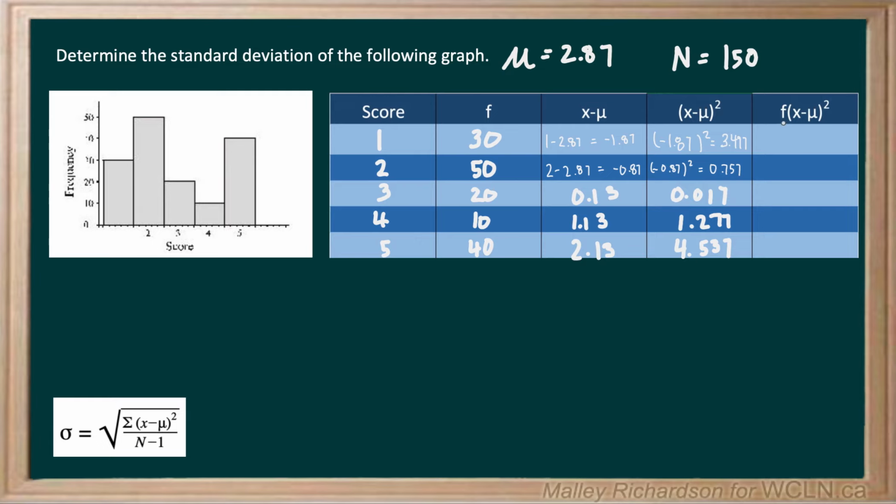Now in our final column, we have f, the frequency, multiplied by x minus mu squared. Now our frequency in this column is 30, and we multiply that by x minus mu squared, which we solved in the previous column to be 3.497. 30 times 3.497 gives us a value of 104.91.